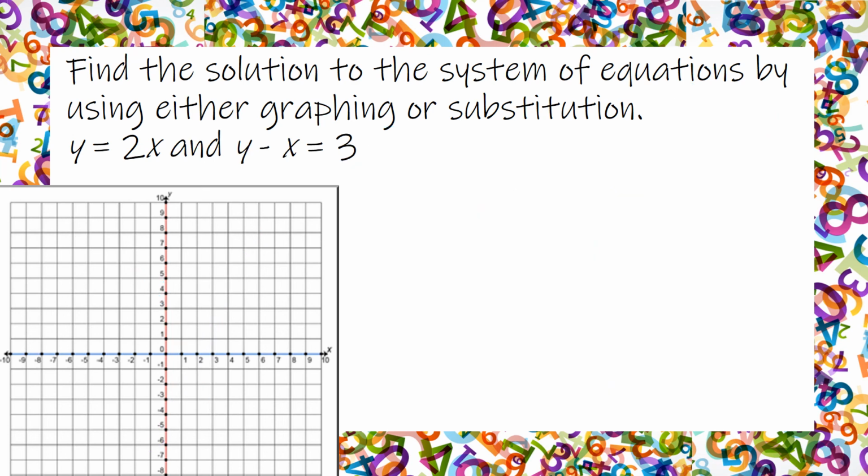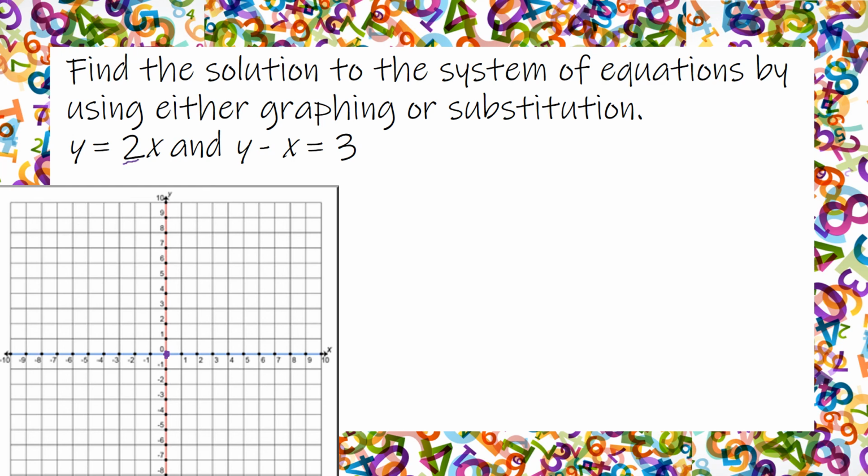Find the solution to a system of equations by either graphing or substitution. So our first equation is y equals 2x. When we have y equals 2x, that means that our y-intercept is 0 because there's nothing added or subtracted there.